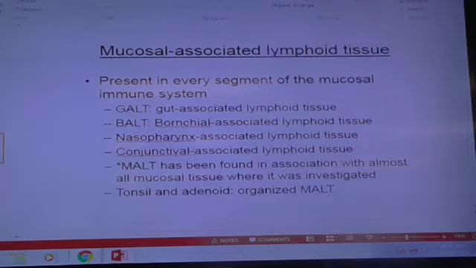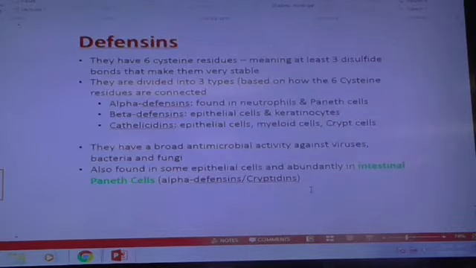Don't have to say much about these: gut, balls, mouth. Defensins, again, when we talked about neutrophils, we said they also produce what are known as antimicrobial peptides. These are small peptides, low molecular weight, but they can act like antibiotics.